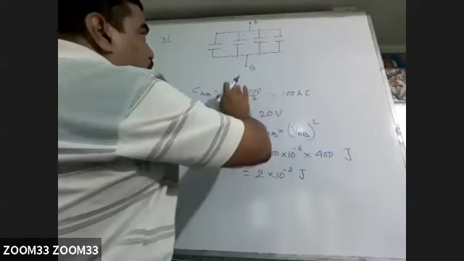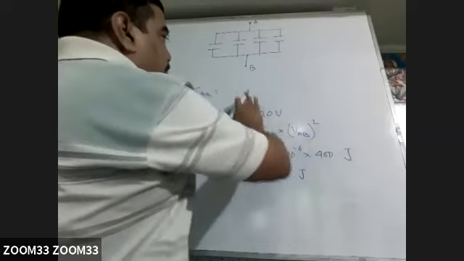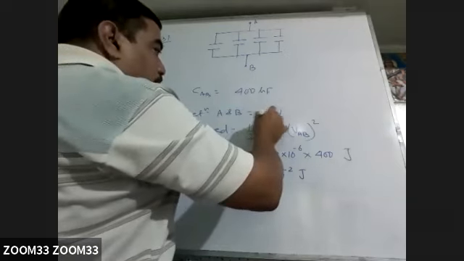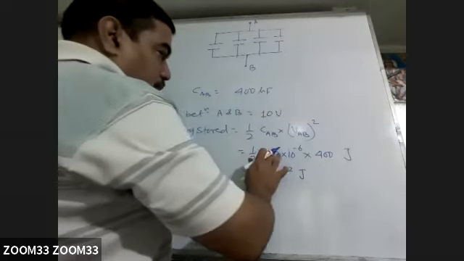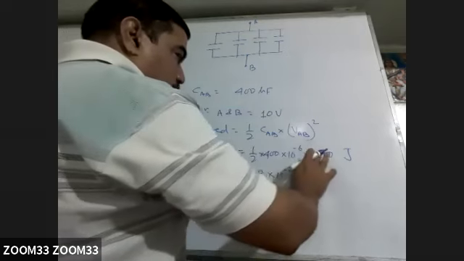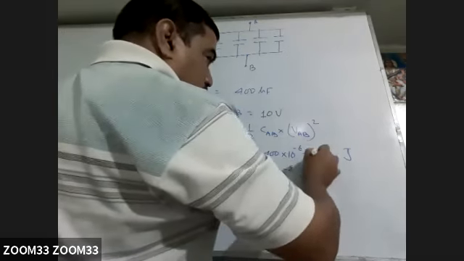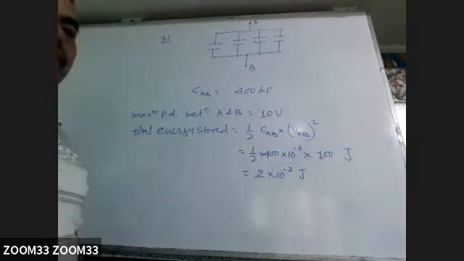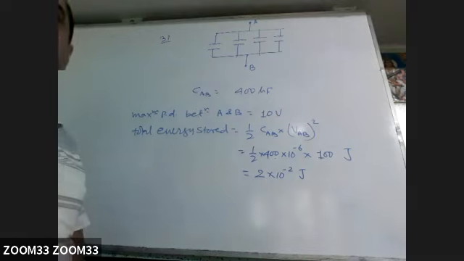This point A, this point B, so all are in parallel, so it will become 400. Maximum potential difference is only 10 volt. So energy will be again the same. So energy stored will not change whether you are connecting capacitors in parallel or series.